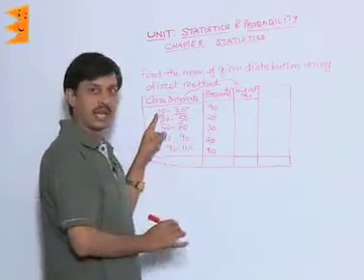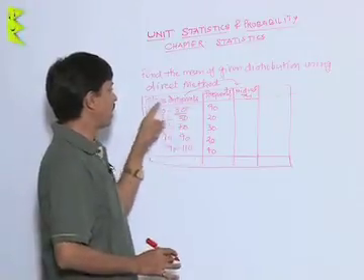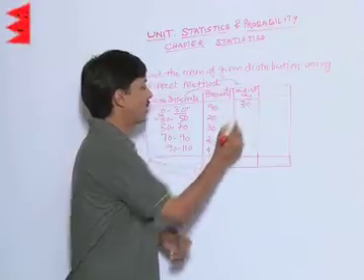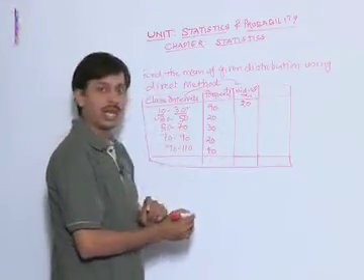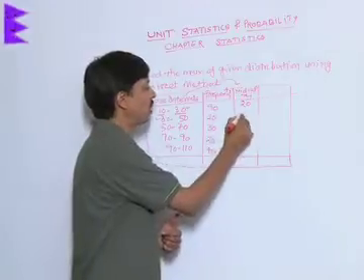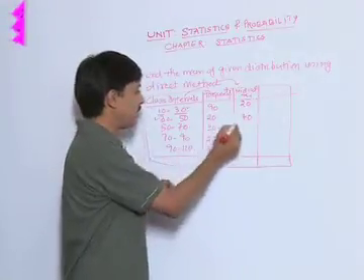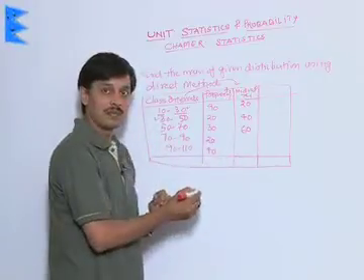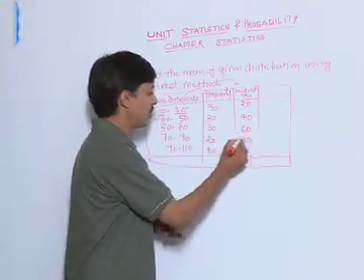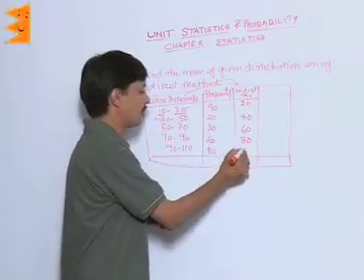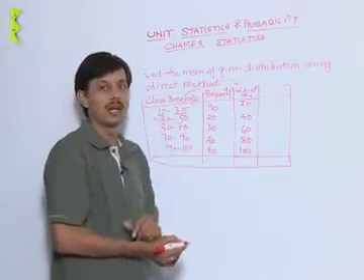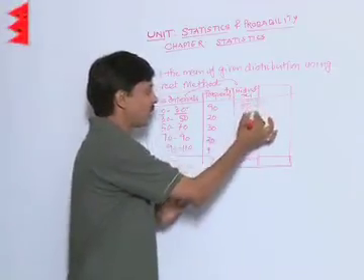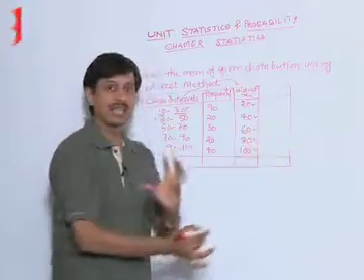The lower limit is 10, the upper limit is 30, 10 plus 30 is 40, upon 2 becomes 20. Then similarly 30 plus 50 is 80, 80 upon 2 becomes 40. Then next is 60. Then 70 plus 90 is 160, that becomes 80. The last becomes 100, because 90 plus 110 is 200, divided by 2 is 100. What is the exact name for these? These are known as class marks.